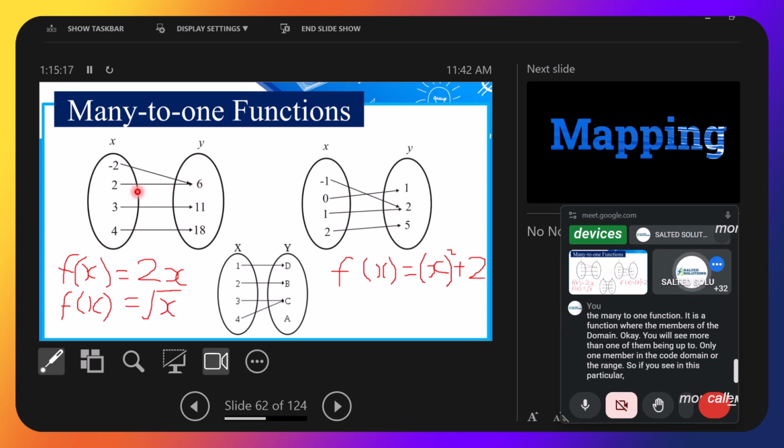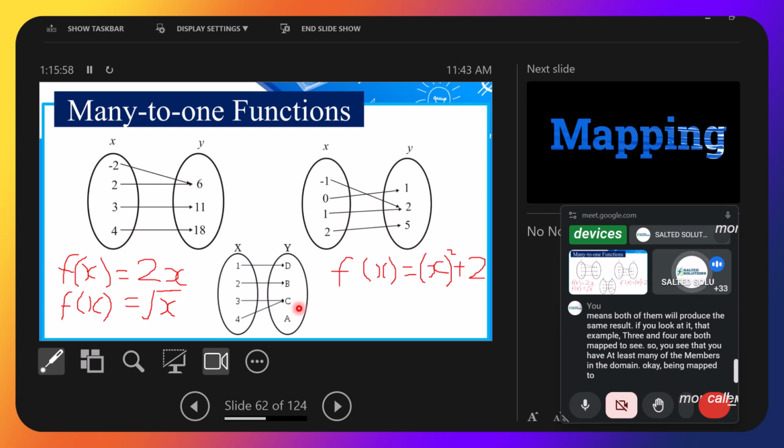-2 and 2 are both mapped to 6. If you look here, you have -1 and 1. Both of them are mapped to 2. It means both of them will produce the same result. If you look at the third example, 3 and 4 are both mapped to C. So you will see that you have at least many of the members in the domain being mapped to one member of the codomain.